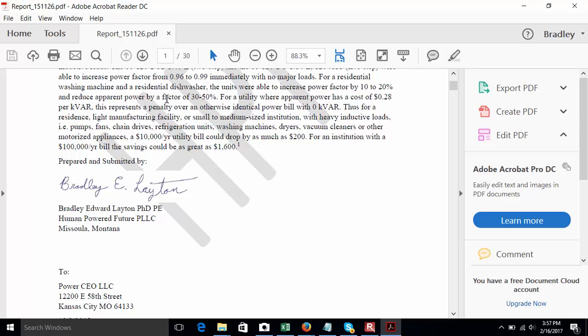Now, I'm also mentioning in this little write-up that money is involved. That's the whole point of this exercise: to show that if you have a poor power factor, and the utility charges you for a poor power factor, by putting a power conditioning device on your house, shop, or building, you can save money. Every one of these problems comes down to: do I spend it now and buy the power conditioning device, or do I spend it later on the penalties for a poor power factor?